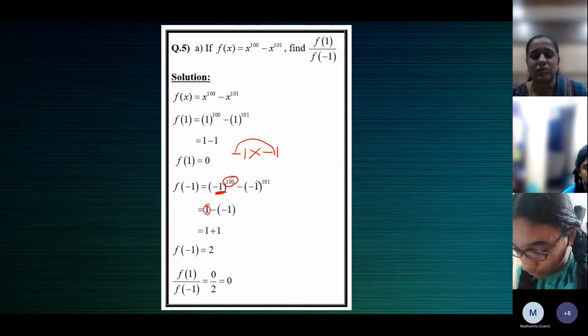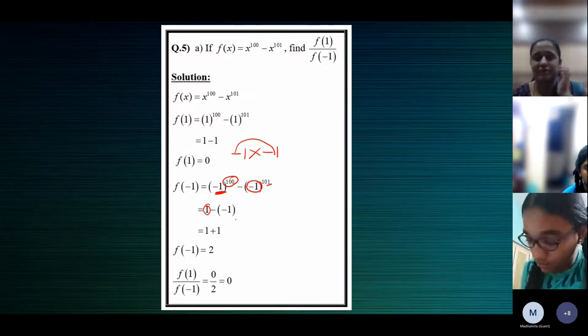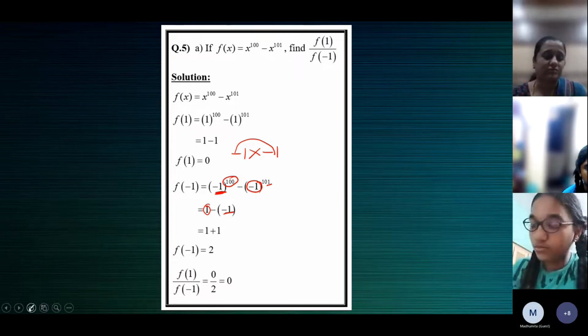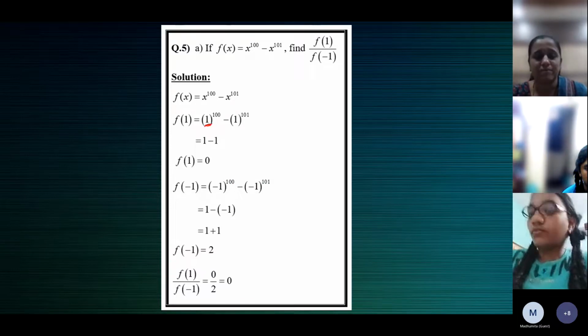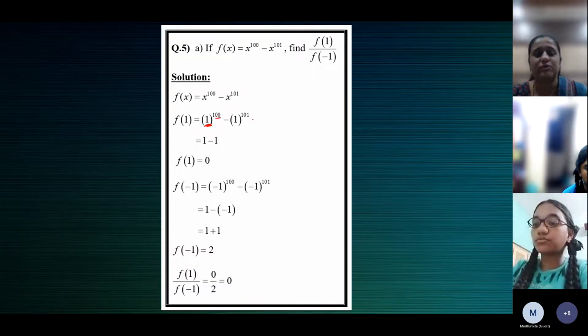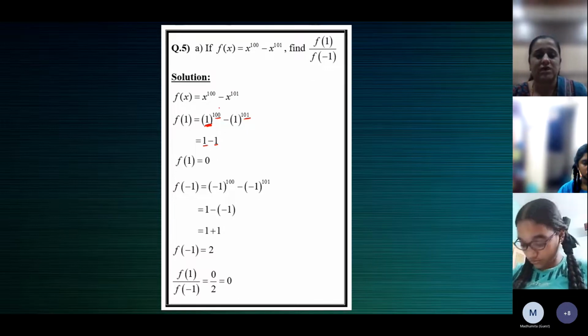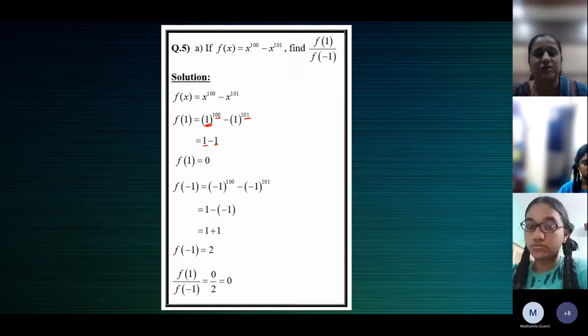But when minus 1 is multiplied with itself 101 times, an odd number of times, the answer will be minus 1. When it's a positive one, whether it is an even number of times or an odd number of times, it will be a positive one only, plus 1.